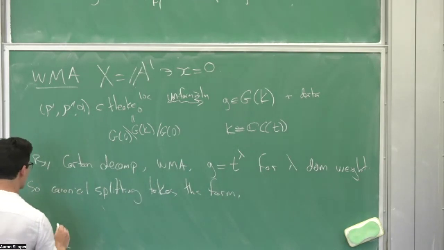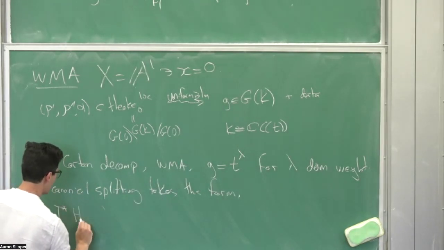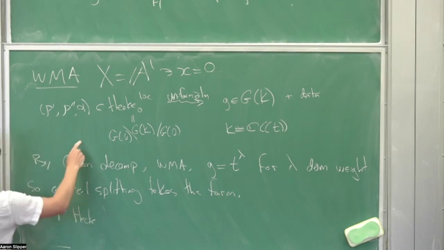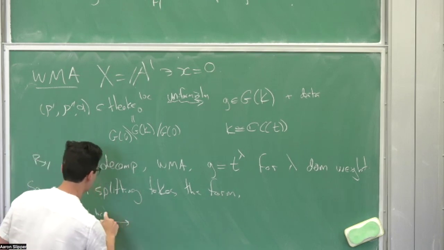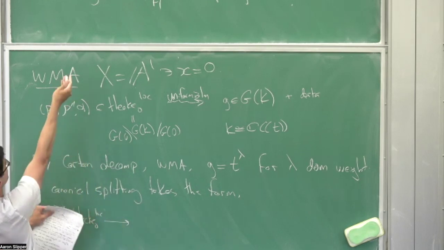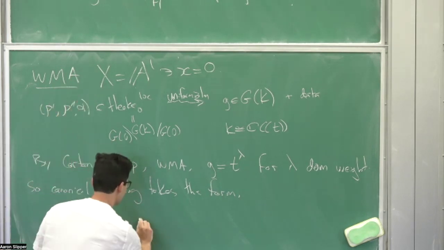So it's a map from the cotangent space of the local Hecke stack at the point here, and it's a map into the cotangent space of X, namely just C.